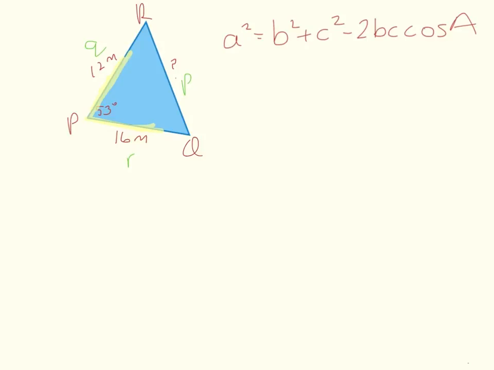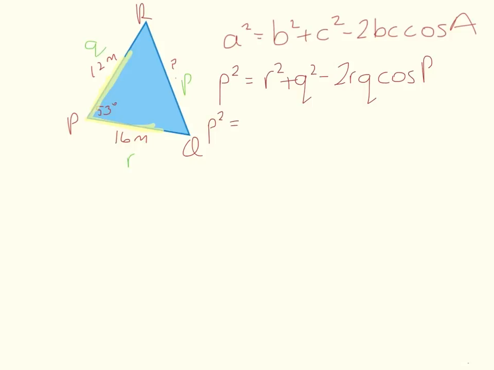So our cosine rule for this triangle is going to be P squared equals R squared plus Q squared subtract 2RQ cos P.